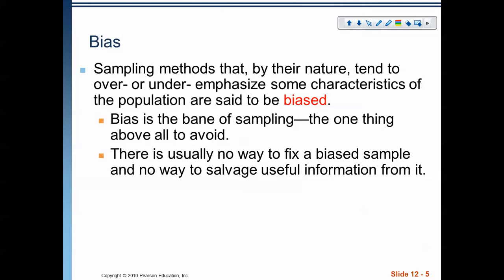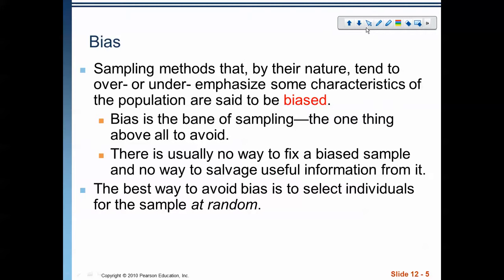You can spend hundreds of thousands of dollars getting a big sample of people, but if you find out that it's biased, all of your research is going to be kaput. It's not worth anything. So you want to avoid bias.